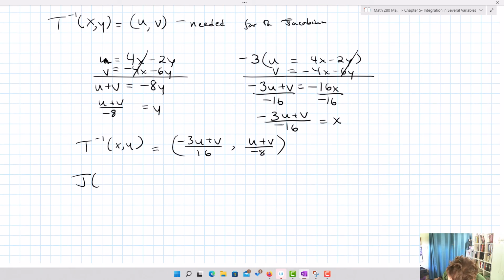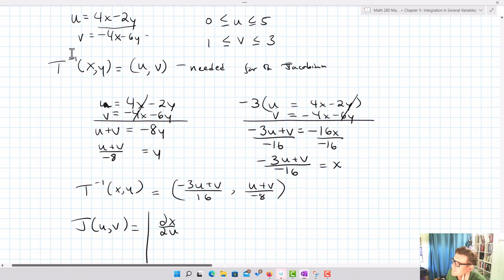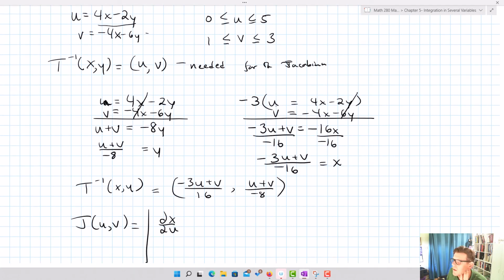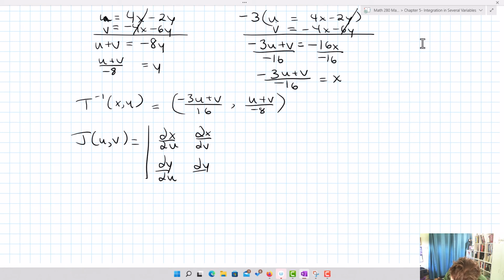So J of u, v is going to equal del x del u, del x del v, del y del u, del y del v. That ends up equaling, if we take del x del u, negative 3/16.